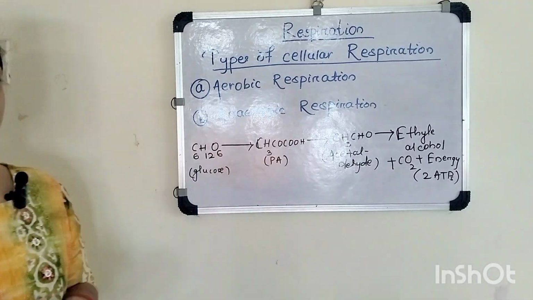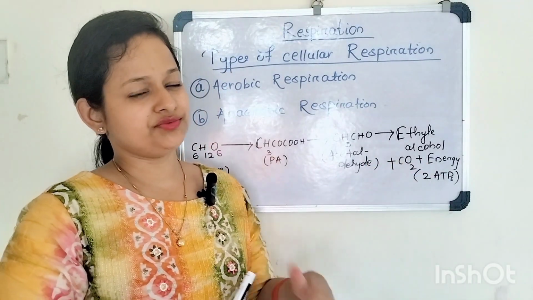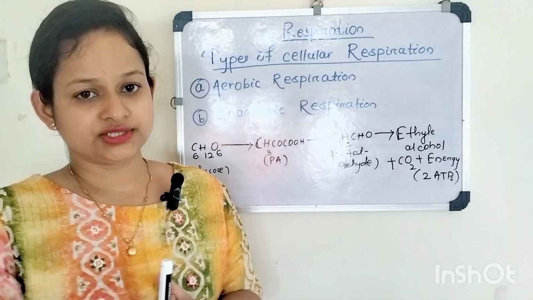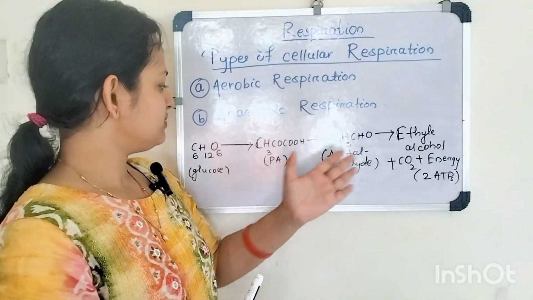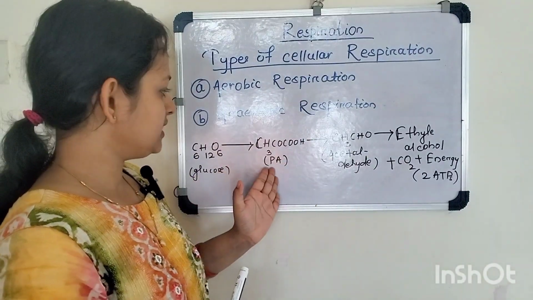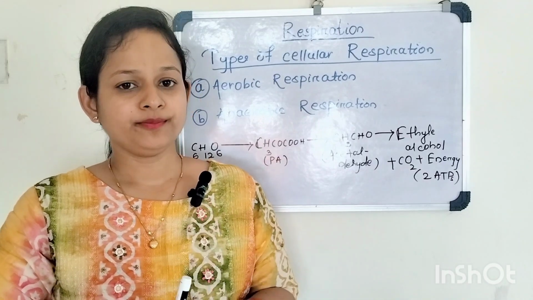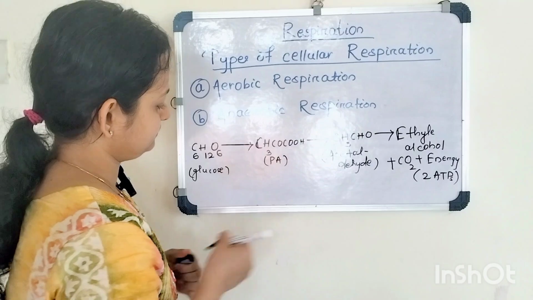So in the anaerobic mode of respiration, the amount of energy is very much less as compared to aerobic respiration. And this process of conversion of pyruvic acid into ethyl alcohol is carried out by yeast, and the process is known as fermentation.